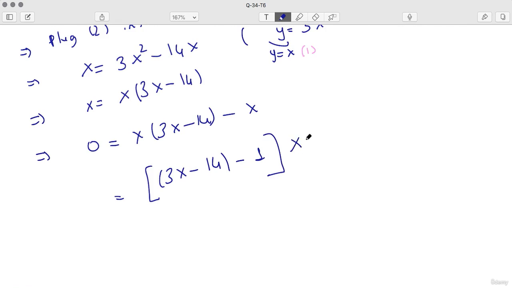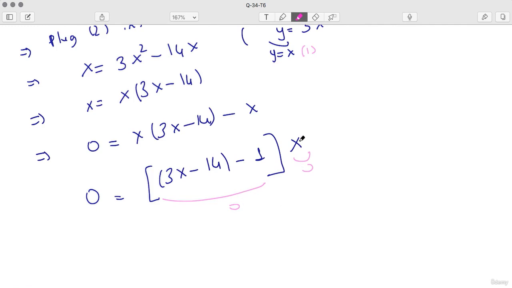If I distribute it, I get x times 3x minus 14, minus 1 times x. This equals 0. If this is 0, I have two factors, so either this is 0 or that is 0, or both, because we are looking for two solutions.